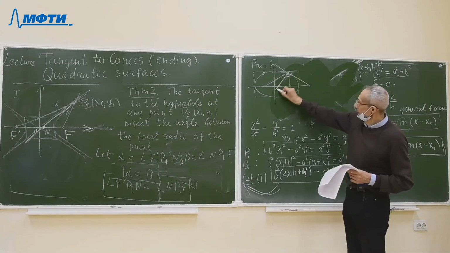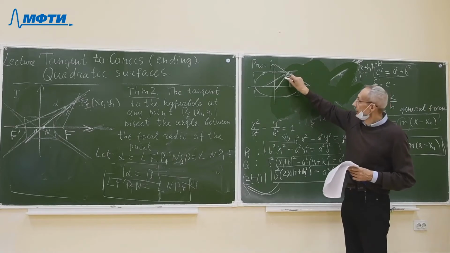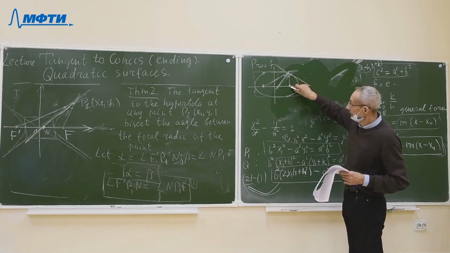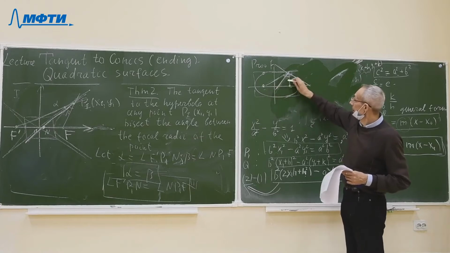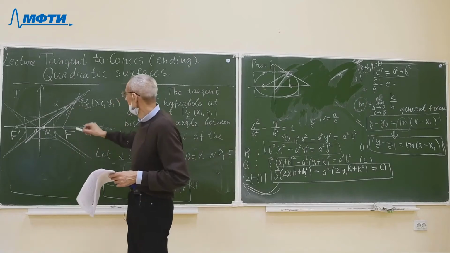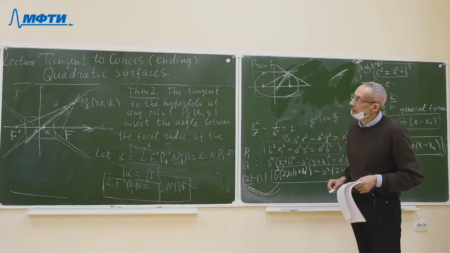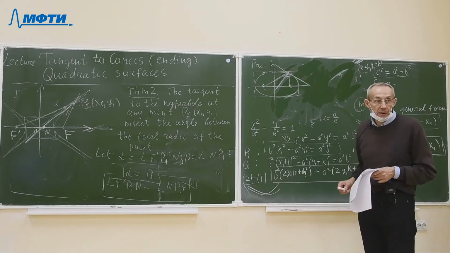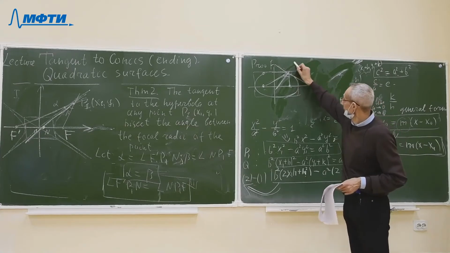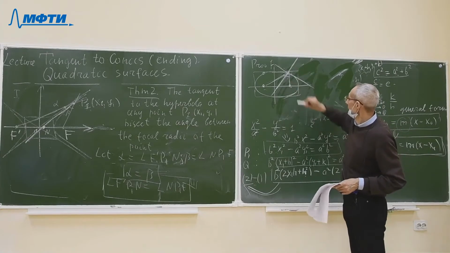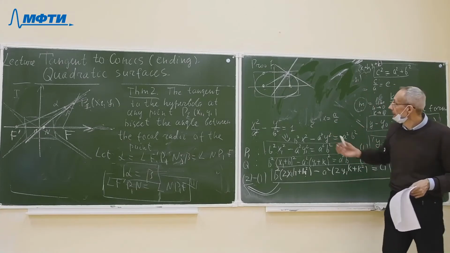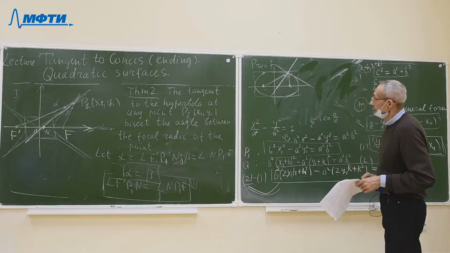In the case of ellipse, the normal bisects the angle between focal radii, but in the case of hyperbola, the same property has the tangent straight line. In the case of ellipse, it is the normal straight line. The normal straight line is perpendicular to the tangent, and it has the same property.